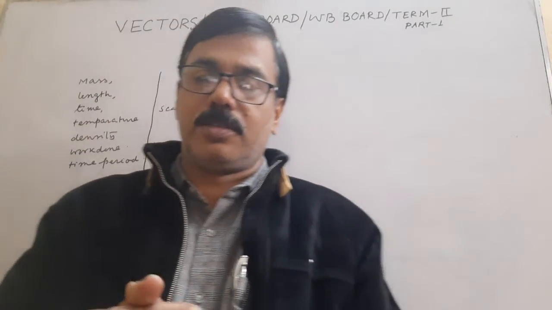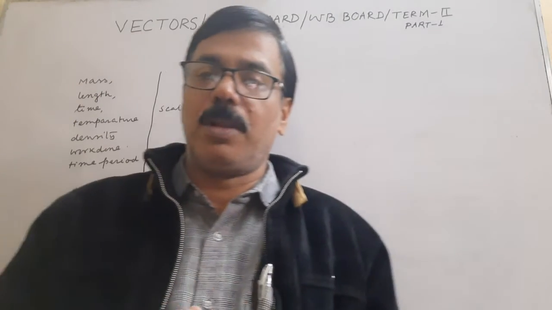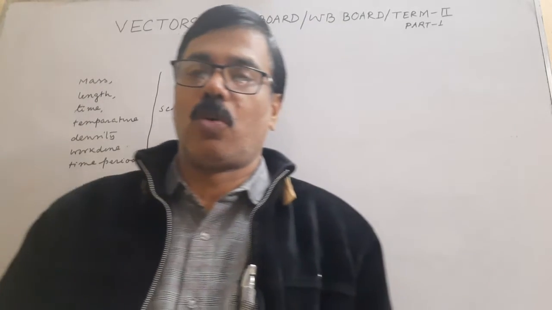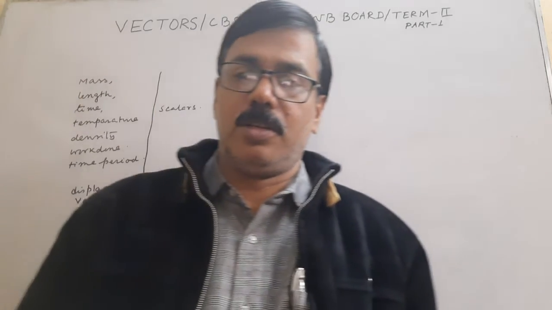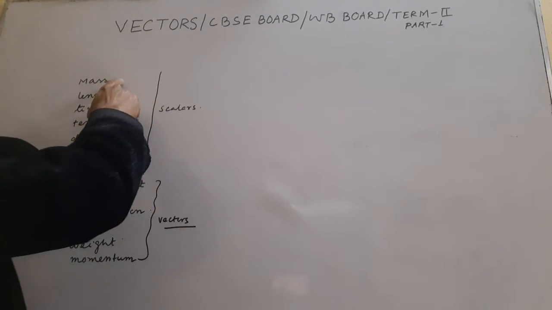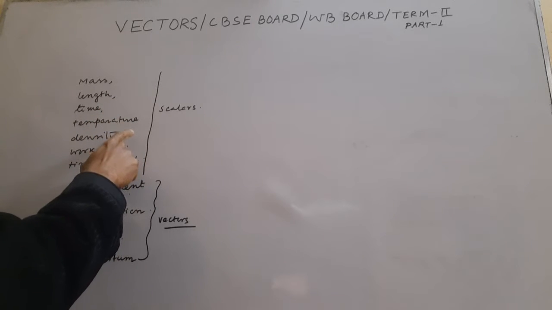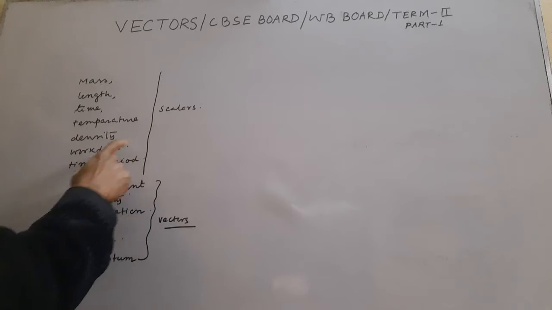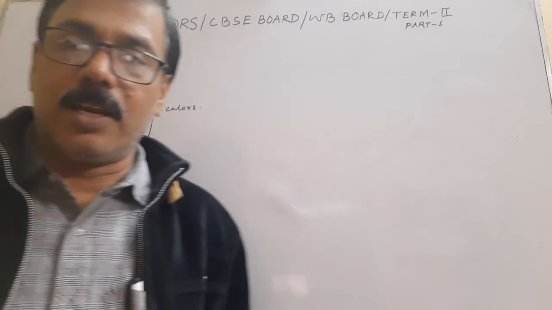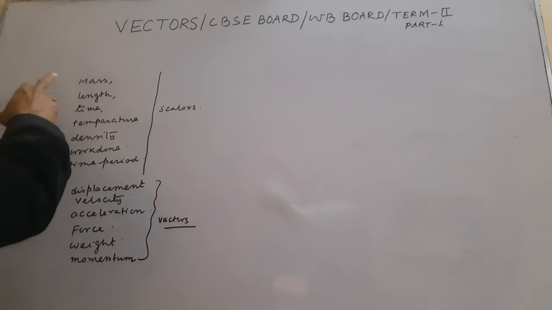From lower classes, we are familiar with 2 types of quantities. All of you know it. Quantities like mass, length, time, temperature, density, work done, time period. They have only magnitude.